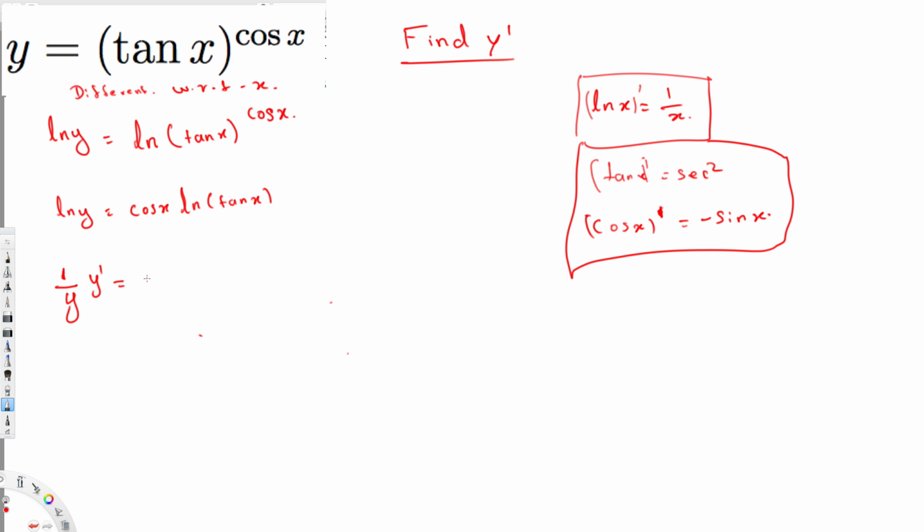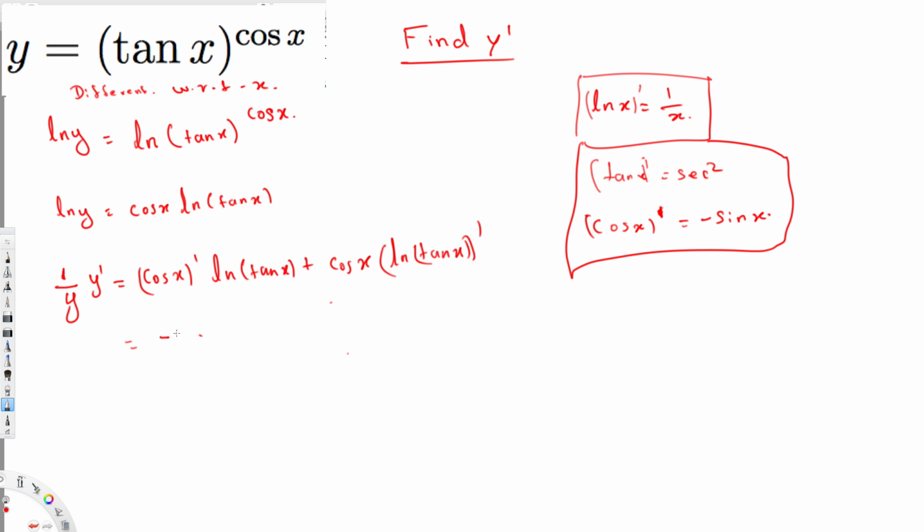If I do the product rule, the first one is going to be cos x prime times ln tan x, plus cos x multiplied by ln tan x prime. The cos x prime, as I said already, is going to be minus sin x.